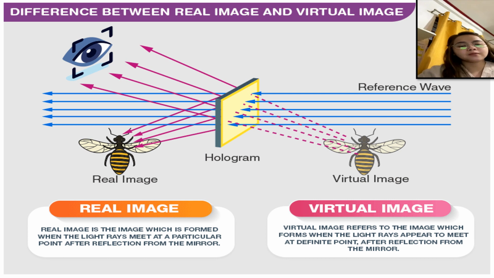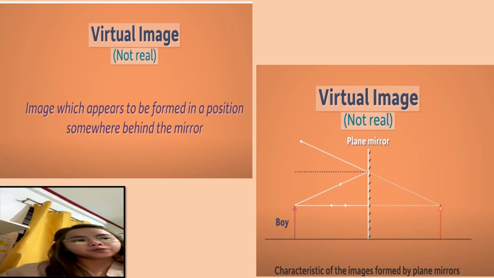So the virtual images that we are seeing are behind the mirror, while the real image is what we see after the reflection from the mirror. Virtual image, obviously from the word virtual, is not real. It is an image which appears to be formed in a position somewhere behind the mirror.